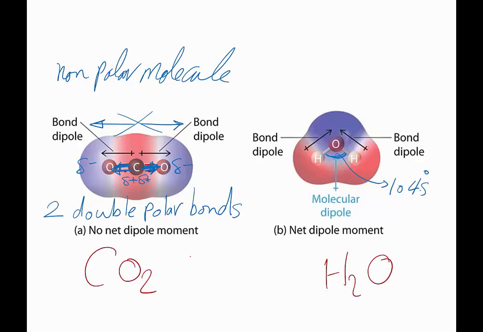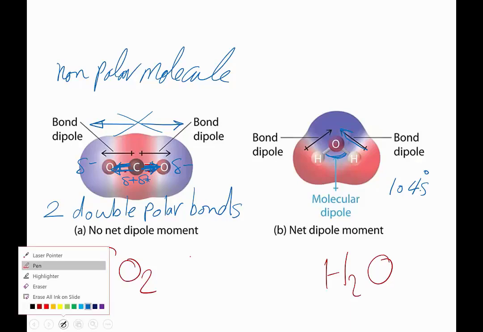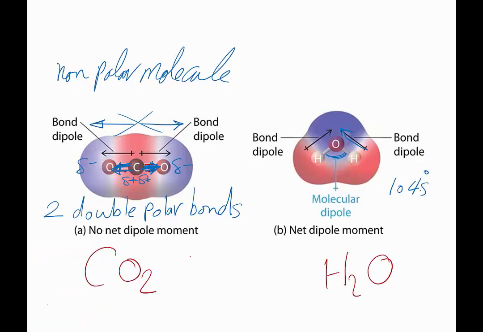We don't need the angle here, we are not going to study it. Anyway, oxygen is stronger than hydrogen because it has higher electronegativity. So we have two dipoles, one from hydrogen to oxygen and the other from hydrogen to oxygen. So here we have two single polar bonds.